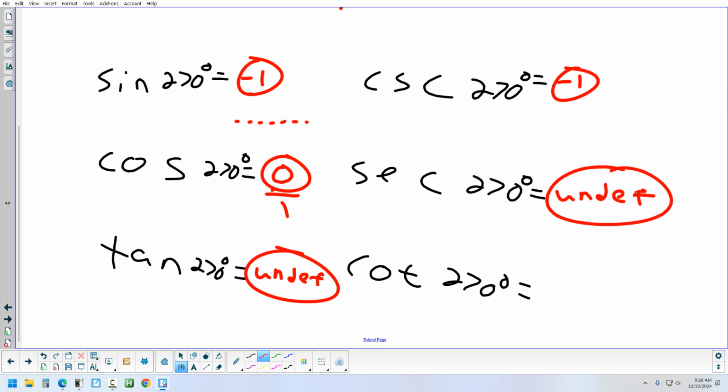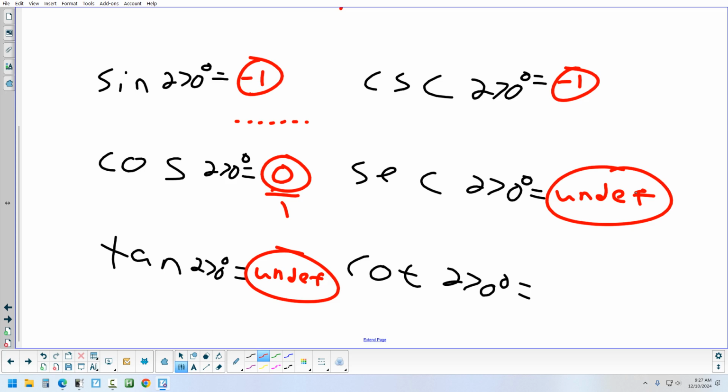Let me think, is it actually true that the quadrantal angles are the only ones that can have an undefined secant? Tangent and cotangent have some undefined values too, and so does secant. Well, I'll say it this way. Sine and cosine will never be undefined. You can get an undefined in the other 4 spots: secant, cosecant, tangent, and cotangent.